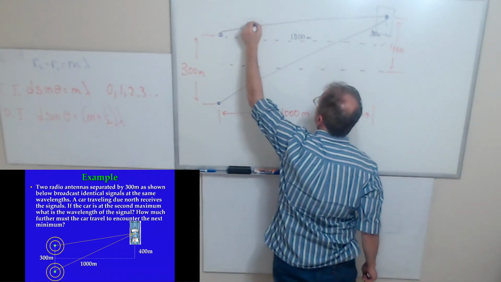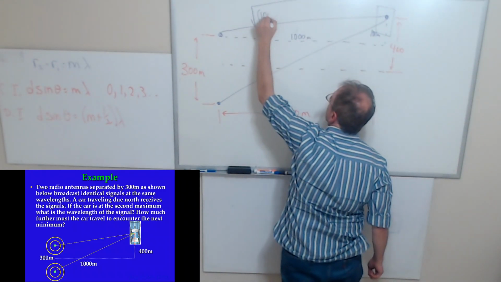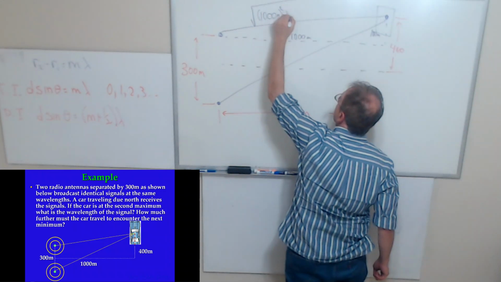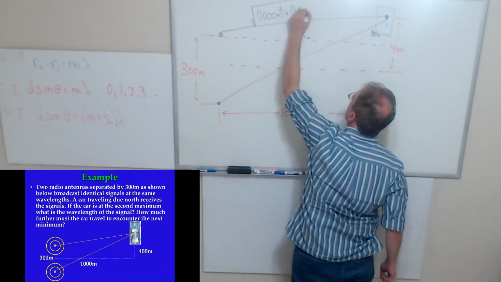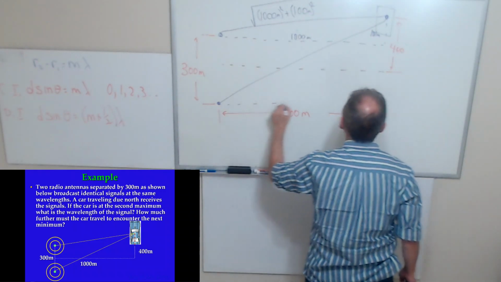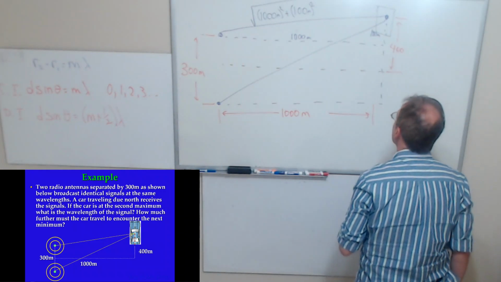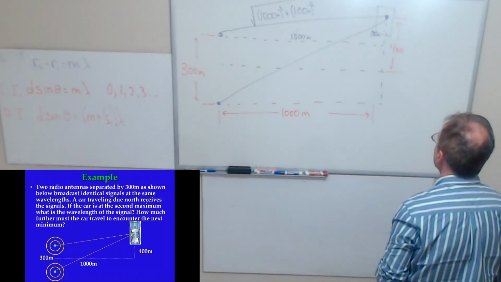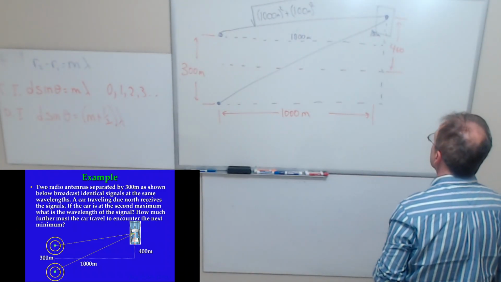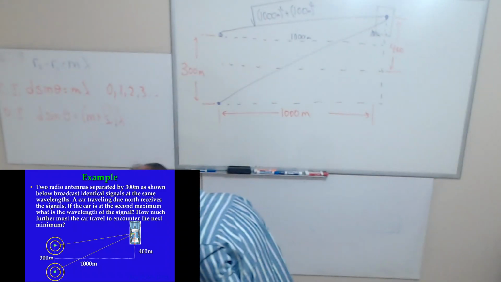So this is going to be the square root of this distance. Actually, let me check my math. I think I made a silly error.